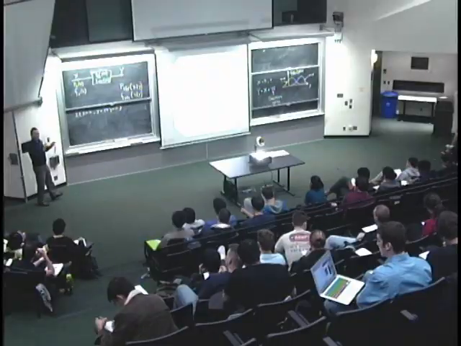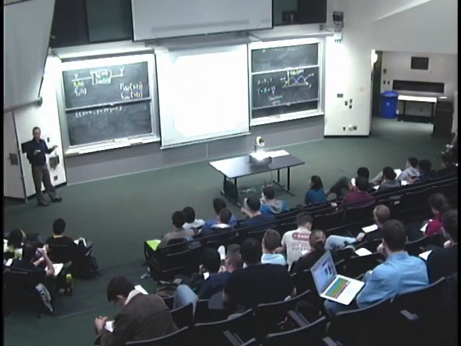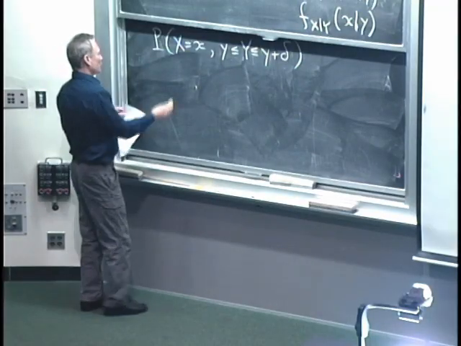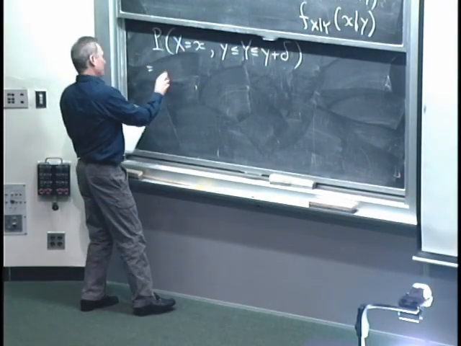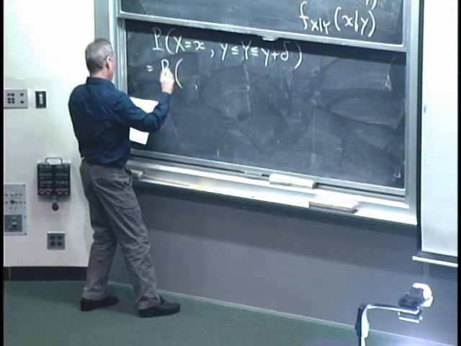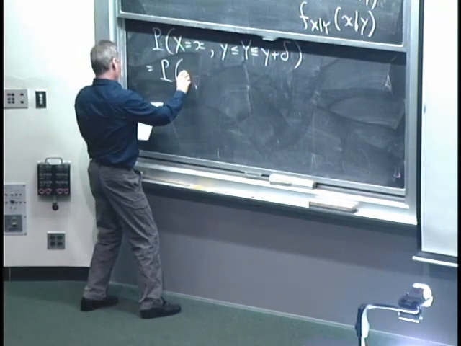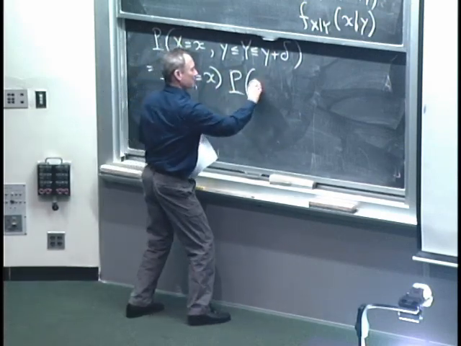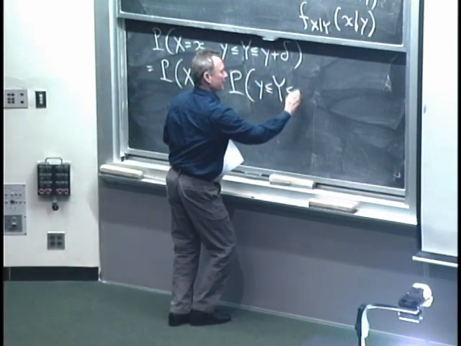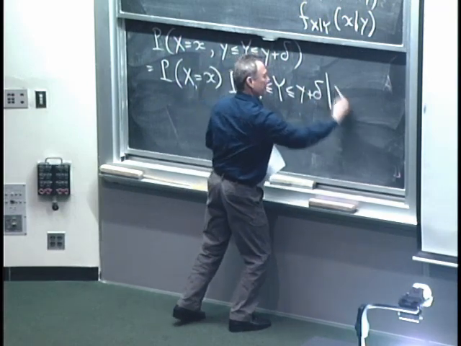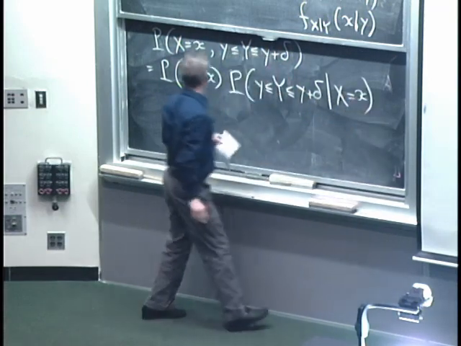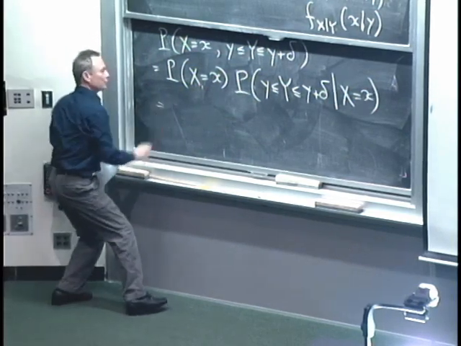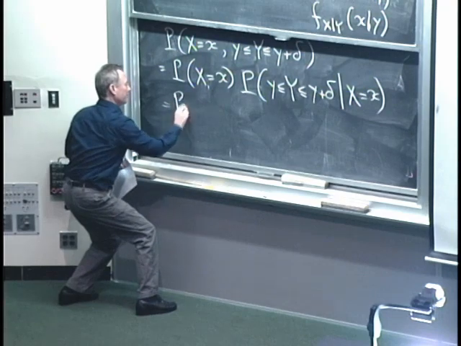And now this probability of two things happening, I'm going to write it as a product, and I'm going to write it as a product in two different ways. So one way is to say that this is the probability that x takes that value, and then given that x takes that value, the probability that y falls inside that interval. So this is our usual multiplication rule for multiplying probabilities, but I can use the multiplication rule also in a different way.